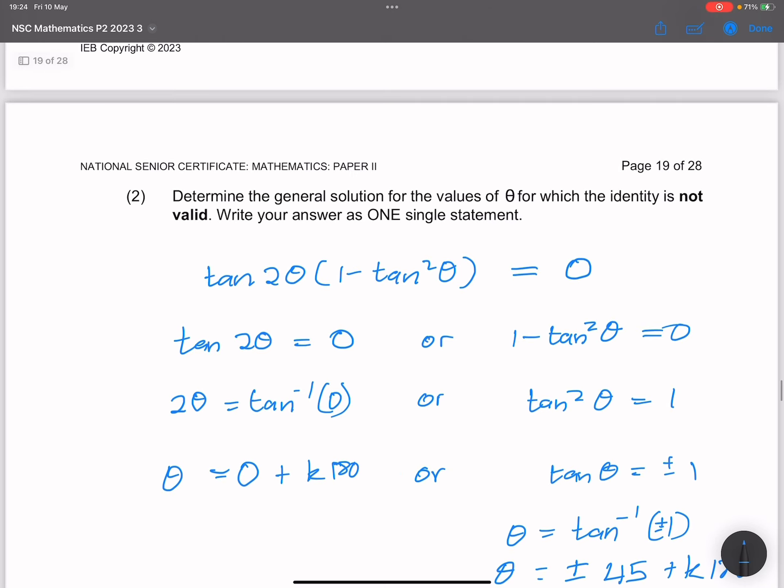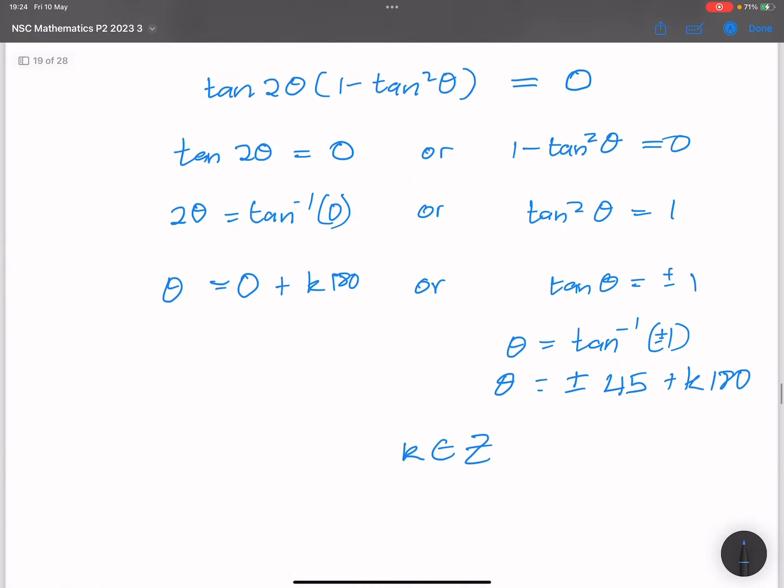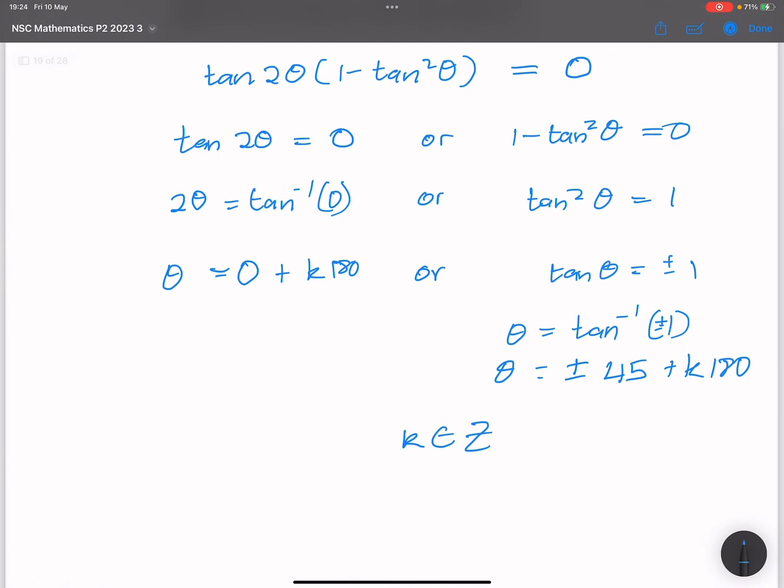I'm not sure what that really means as one single statement. So it cannot be equal to 0, or it cannot be equal to plus or minus 45. As I said, I'm not really too sure what that one single statement means, but nonetheless, it is what it is. Right, and we move on to the next one.